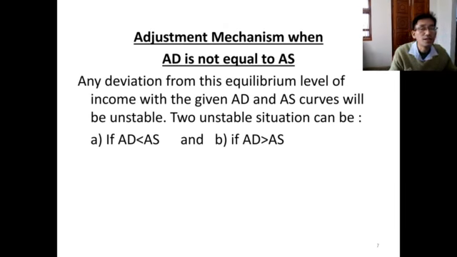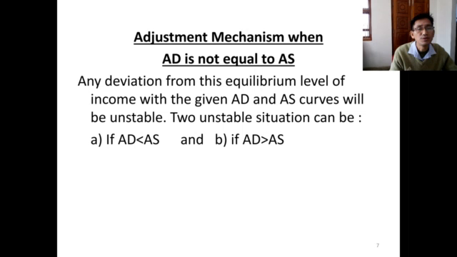Sometimes there may be some adjustment mechanism when AD is not equal to AS. AD may be greater than AS, or AD may be less than AS. Any deviation from the equilibrium level of income with the given AD and AS curves will be unstable.